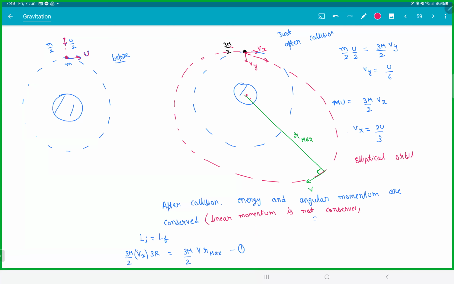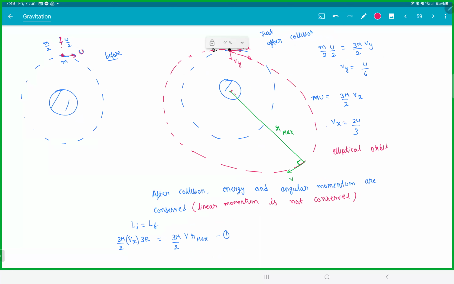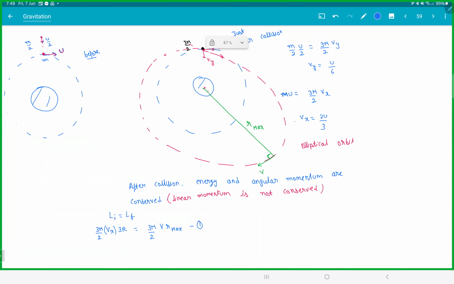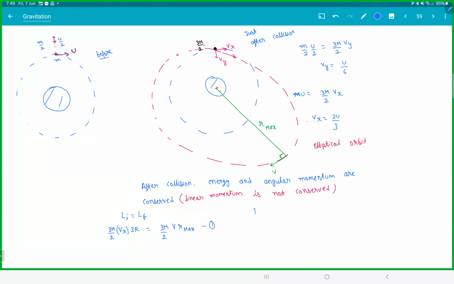Write it on the next page. Initial energy is equal to final energy.